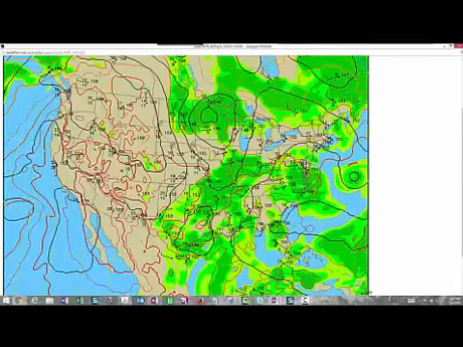So the key here is when you're forecasting for the next day. Okay, if you're sitting down today, Saturday for example, and you're forecasting for sufficient moisture at 12Z on Sunday, or 0Z, which is Sunday evening, or 12Z on Monday morning.